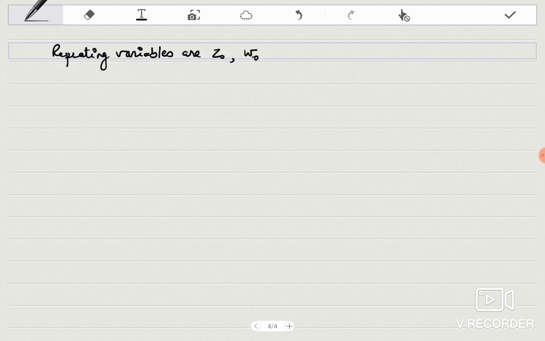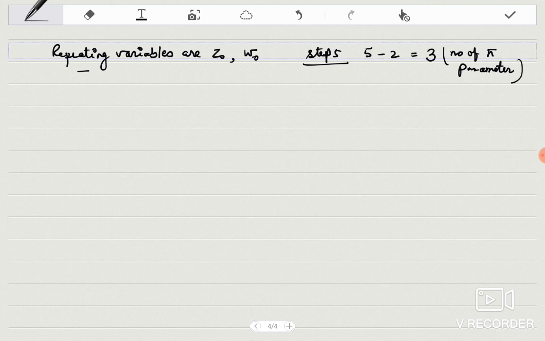Now what is the next step? That was step 5. Total number of parameters were 5 and 2 are the repeating variables. That means I decide the number of pi parameters. These are the number of pi parameters, the parameters in terms of which you can express your problem.